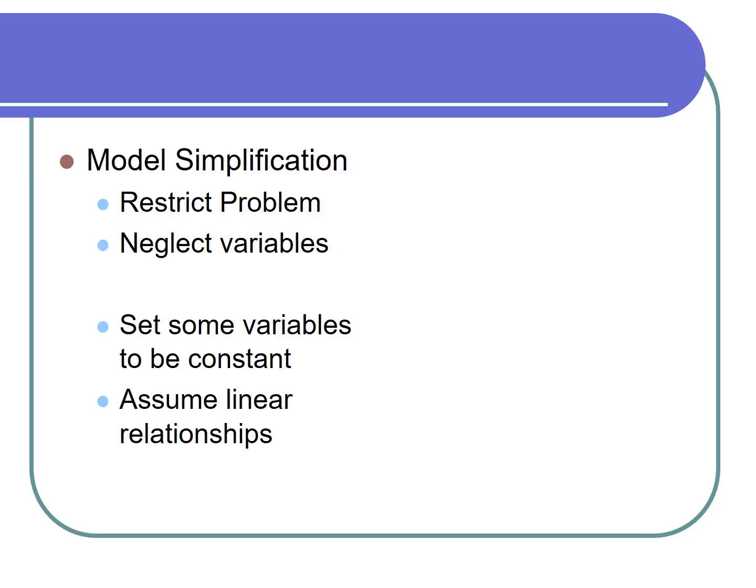Sometimes we need to simplify a model so we can actually solve it. We restrict the problem. We may neglect variables. For instance, we might neglect the barometric pressure. We might set some variables to be constant.